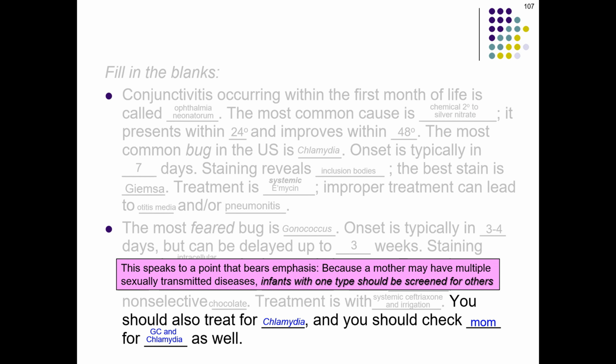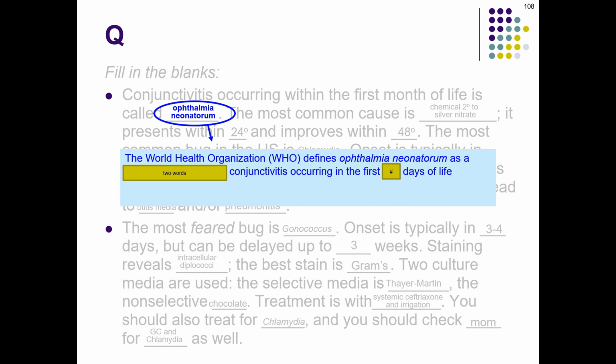And why do we say that? Because usually the mother may have multiple sexually transmitted diseases, and if you see an infant with one type, they should be screened for others. And the WHO defines ophthalmia neonatorum as hyperacute purulent conjunctivitis occurring in the first 10 days of life, usually caused by Neisseria gonorrhoeae.